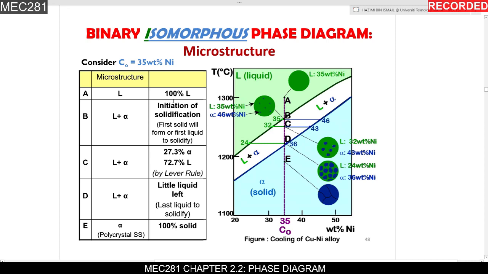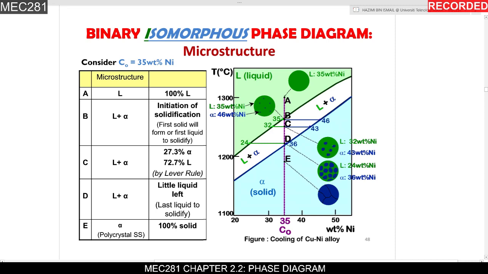As an example, point A here is liquid, so it is 100% liquid. So the microstructure is only green, represented by the green colored circle here. This means the green is the liquid form.